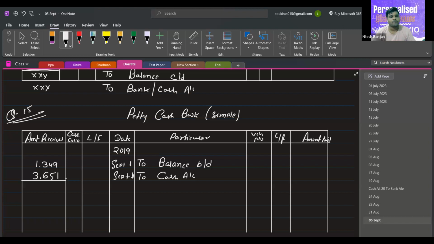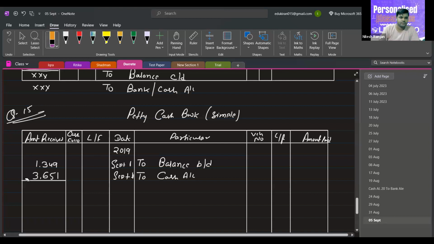Yes, sir. So that's why the petty cashier has the balance 1,349, and again the accountant will give 3,651 to him, so that the total will become 5,000. Okay, sir.